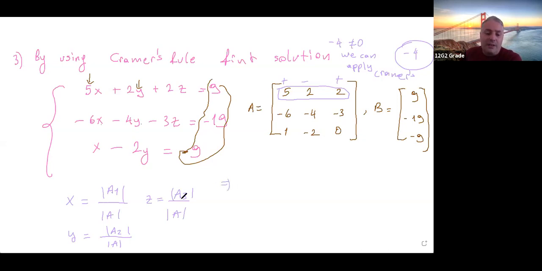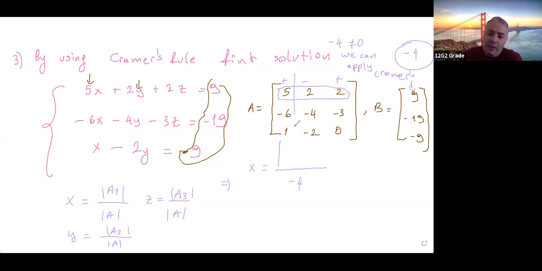What does it mean here? A1. Be careful now. What am I going to do? First of all, the determinant of a we have calculated, which is -4. So what is A1? Look now, everybody. This column B, these constant numbers, we will put instead of the first column.